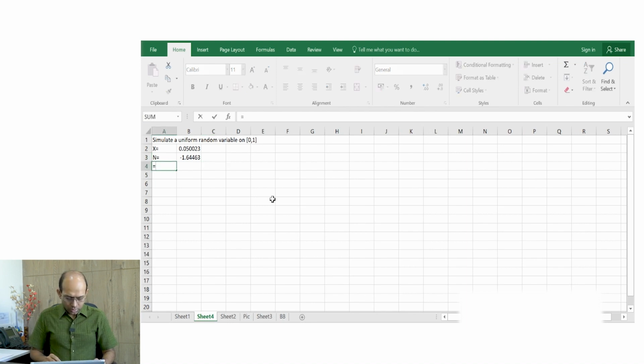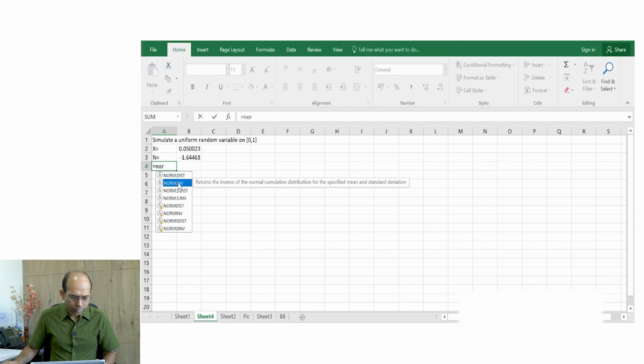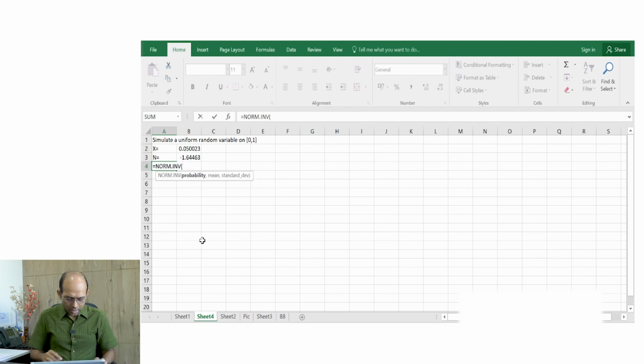So it is equal to normal inverse, and inside the probability I write directly rand. This rand is the uniform distribution from 0 to 1, and then the mean is 0 and the variance is 1.